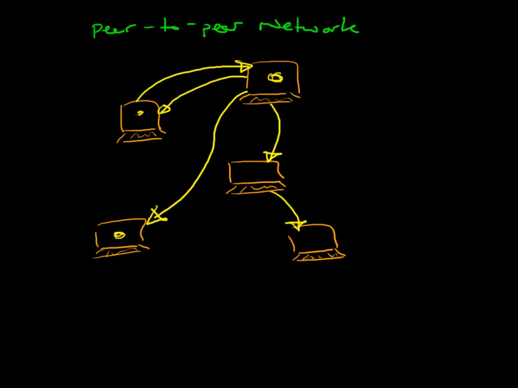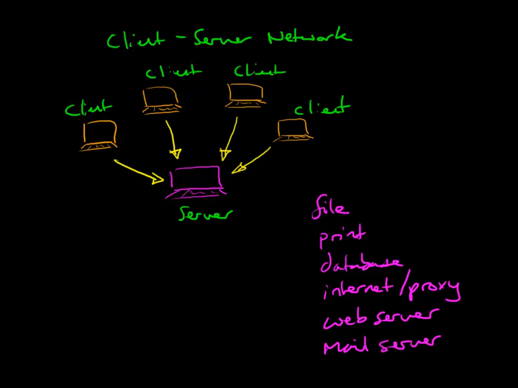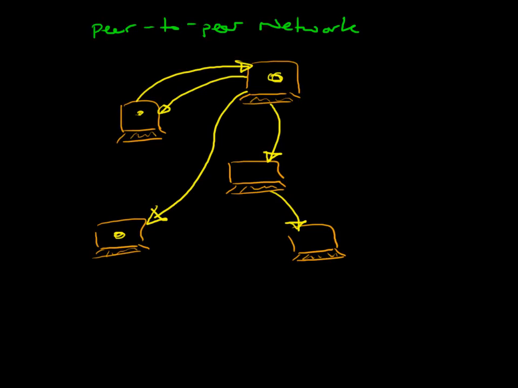So in general, people go with the client-server model, this one here, and they have a server for each of the services which they want, that server may be on the same computer. But there is this alternative which is mainly used by home networks and by very small companies of a peer-to-peer network.